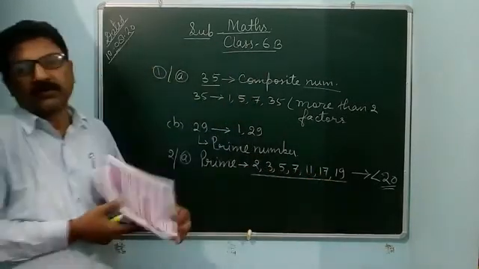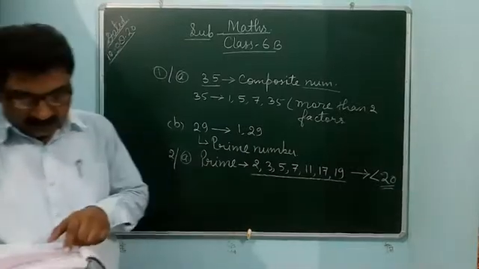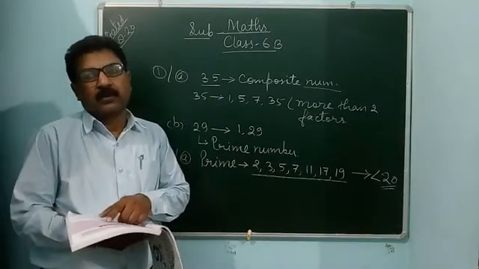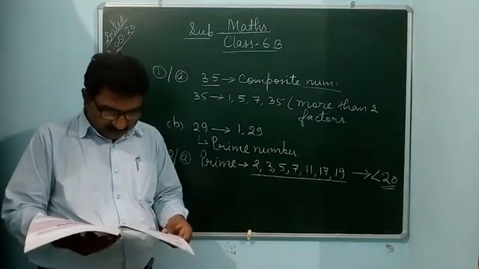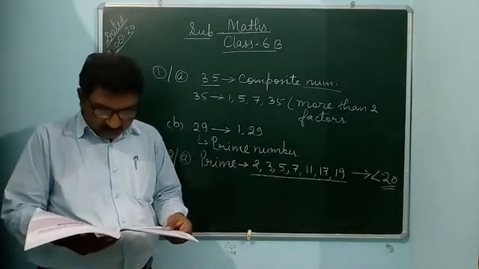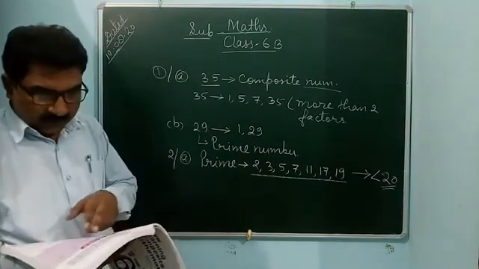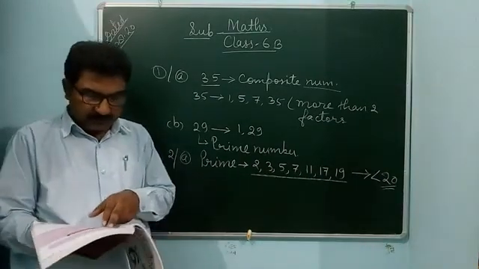This is the solution of this question. Second, which is the largest prime number between 1 and 10? Before 10, it is 7. So 7 is the largest prime number.